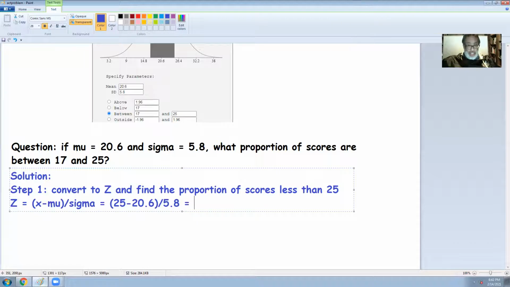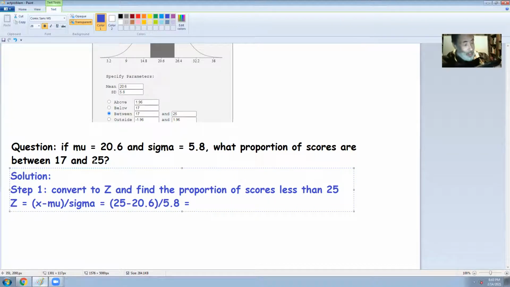And yes, I have a calculator. Hopefully my light is light enough for me to read this. So it's going to be 25 minus 20.6, that's 4.4, and divide it by 5.8.